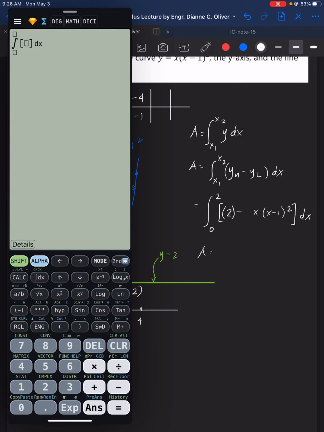So we have here 2 minus x times x minus 1 squared, from 0 to 2, equals 3.33 square units. So that's the area.